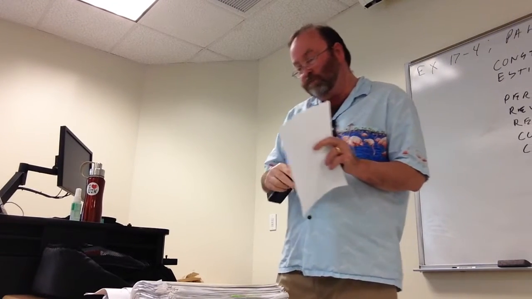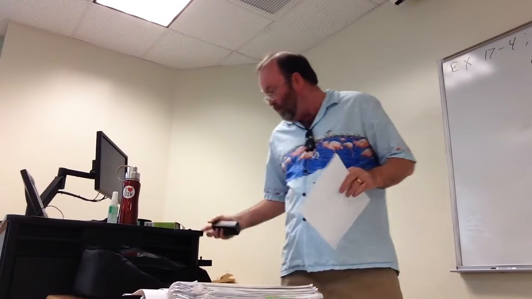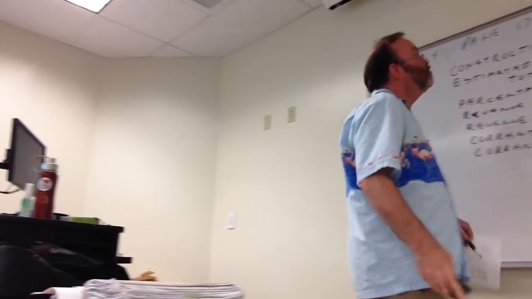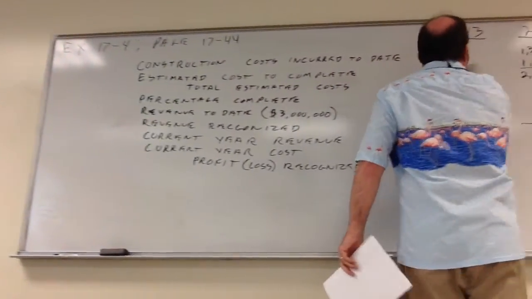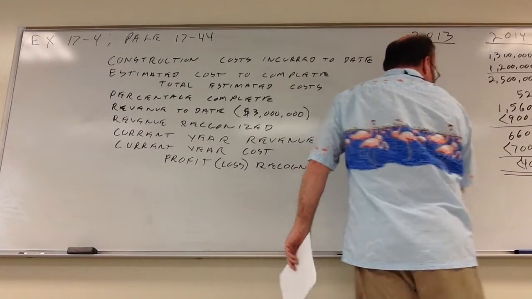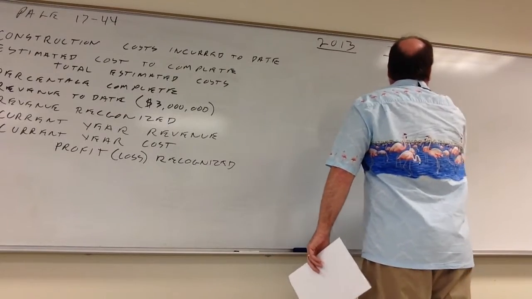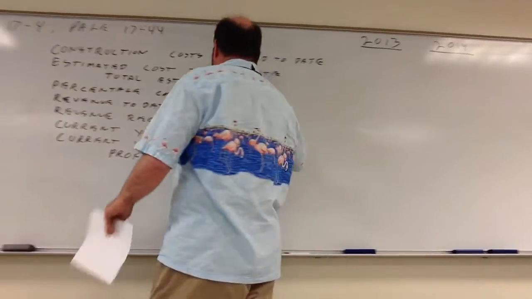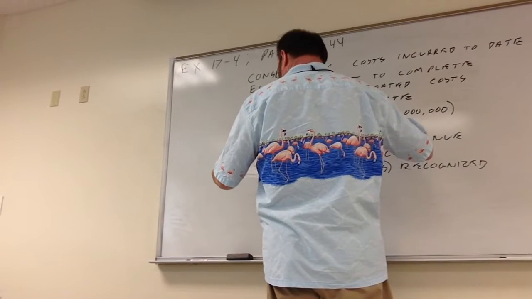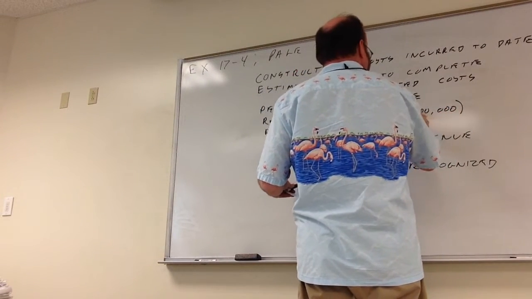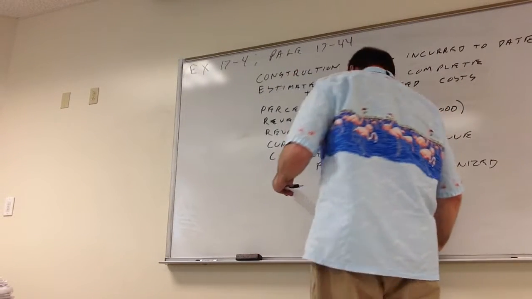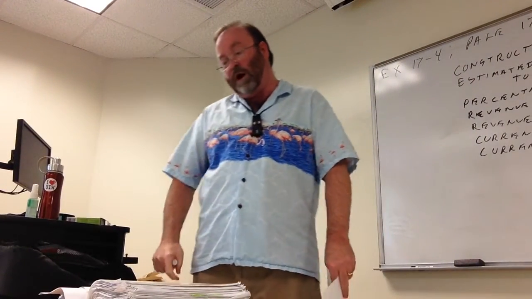All right, we're going to do the very next problem. Problem number 5. On this one, Newburgh Construction Corporation contracted to construct a building for $400,000.